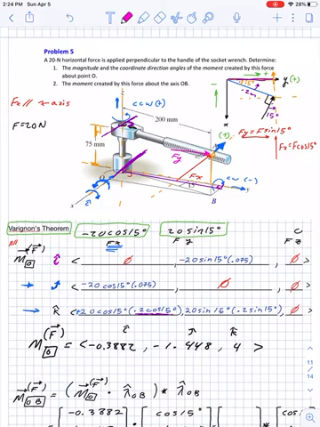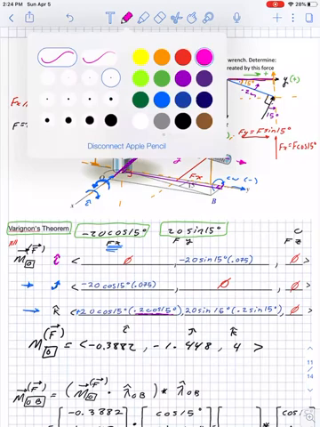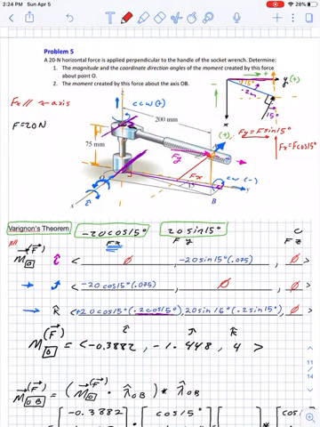The I direction. If I'm pulling it this way, what is it going to do to the x? Let's use red. No, that could be confusing. Let's continue with pink.